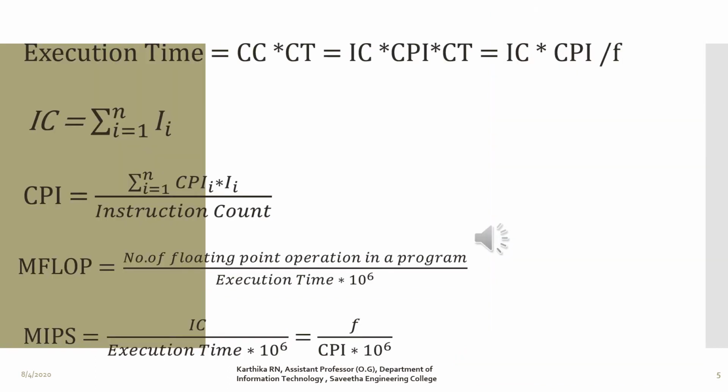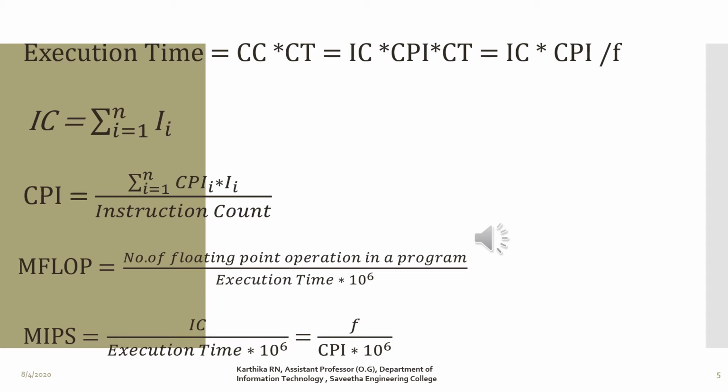What is execution time? Execution time is nothing but CC into CT. What is CC? CC is the total number of clock cycles required for execution of a program. A program is a collection of a mix of multiple instructions depending upon the instruction category. The number of clock cycles required to execute an instruction may vary.